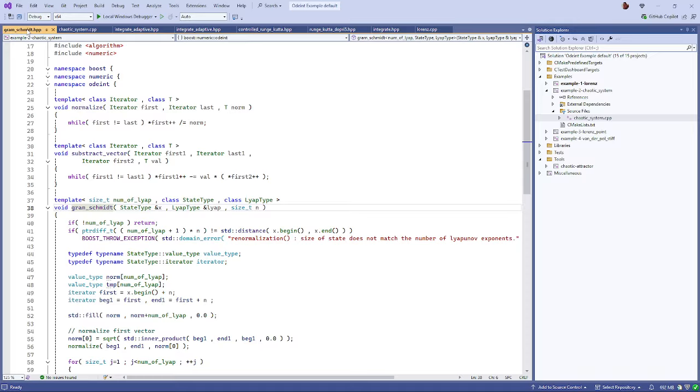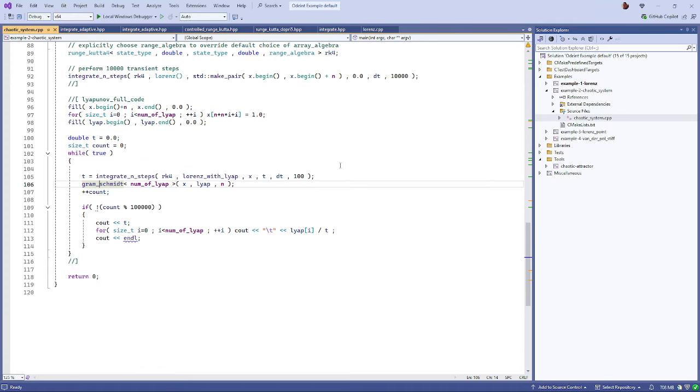Now this is something that's supplied with the examples. It's not part of the base library of odeint, because Lyapunov exponents are a thing from chaotic systems. It's not necessarily a concept from numerical integration. So you can certainly steal this code. It's under the Boost license, so it's free for you to incorporate and modify and sell, etc. But it is not technically a numerical integration concept. It's a chaotic dynamical systems concept.